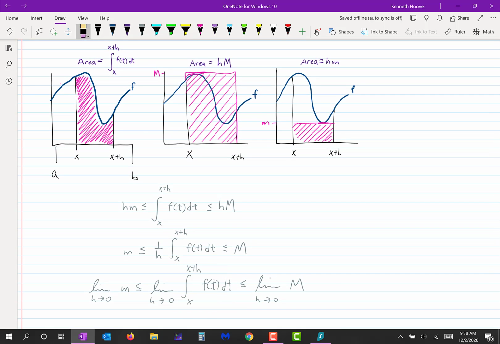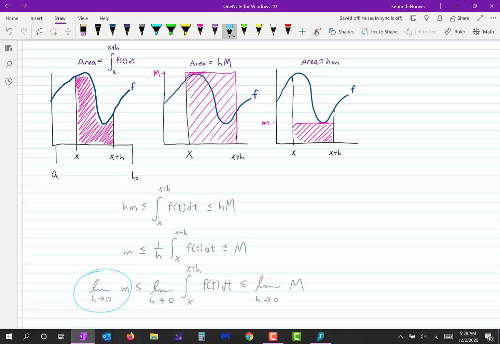Now, what would this be? The limit as h goes to 0 of little m. Think about this for a minute. Okay, let's look back up at the pictures here.